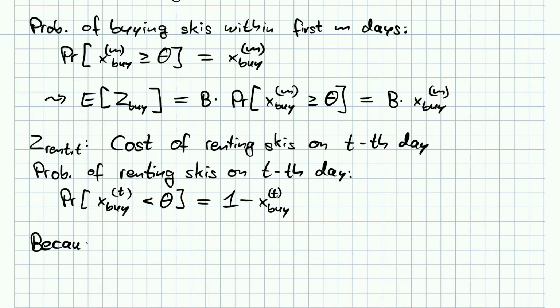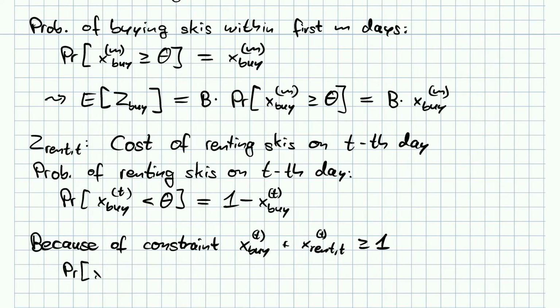Now, because of the constraint that x buy t plus x rent t has to be at least 1, we now get that the probability that x buy t is less than theta is at most x rent t.